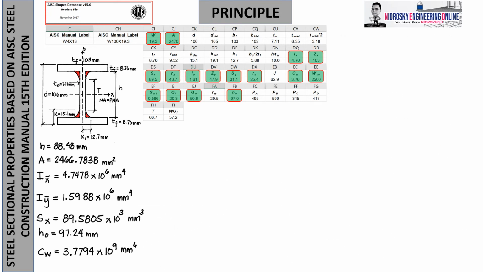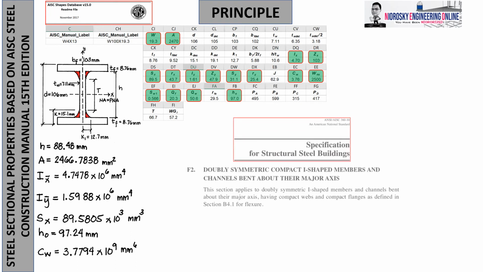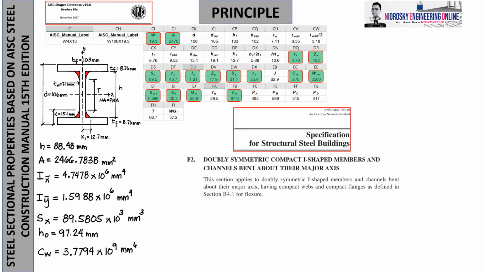ANSI AISC 360-10 has a specification about doubly symmetric shapes. The computation of R sub TS, the effective radius of gyration, squared, equals the square root of I sub Y times C sub W over S sub X, then equals R sub TS squared.